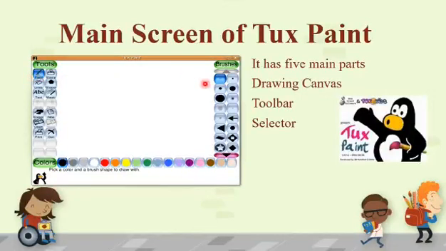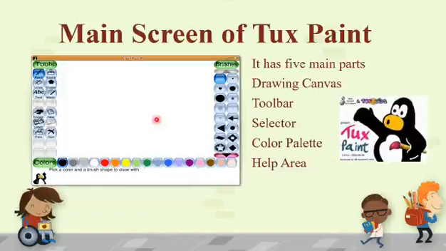This paintbrush can be opened in these sizes and in these shapes. At last comes the color palette, which is at the bottom of the screen, and then finally the help area, right? So these were the things which we studied in class 3, and most of you must remember them.